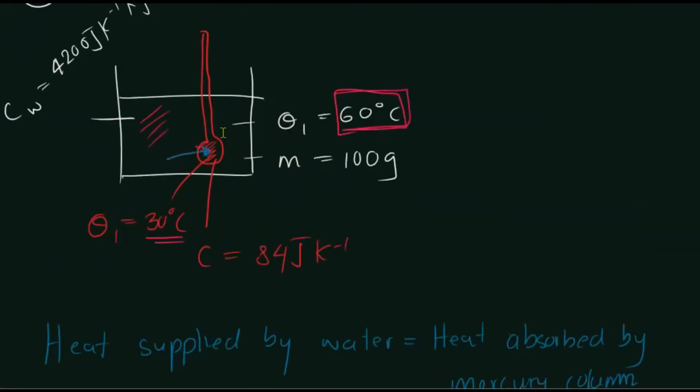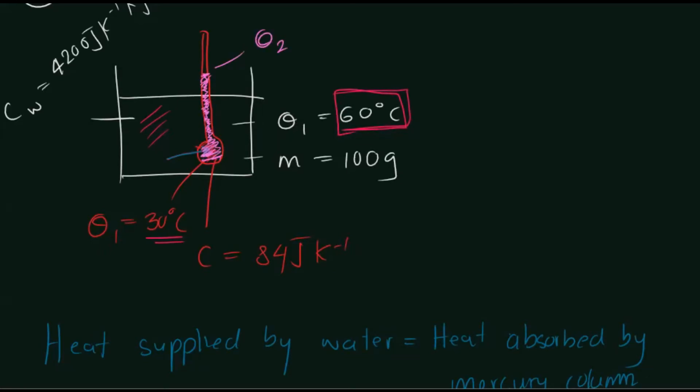Now you need to understand, after heat is being supplied by the water column to the mercury column, the mercury is going to rise. The mercury column is going to expand, and it is going to come to a uniform temperature, theta 2.